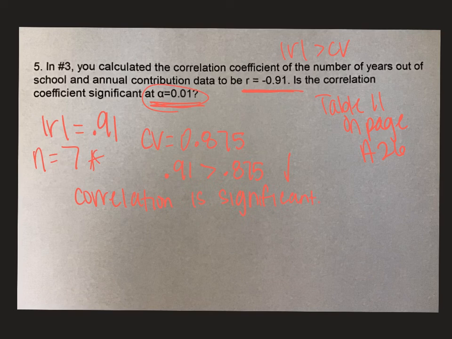And then remember to interpret. So your interpretation is really going to be essentially the same as it was in the last 2 chapters. So we have enough evidence. The one thing you do want to include is your level of significance.